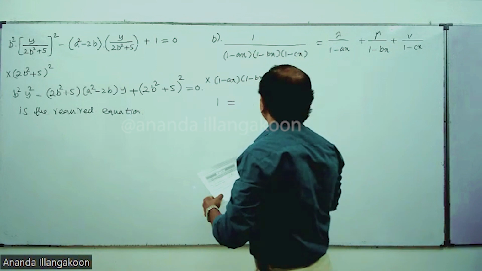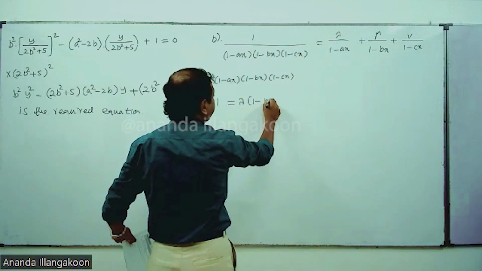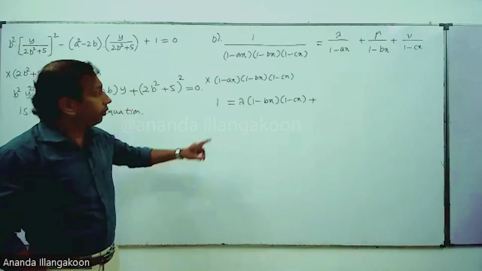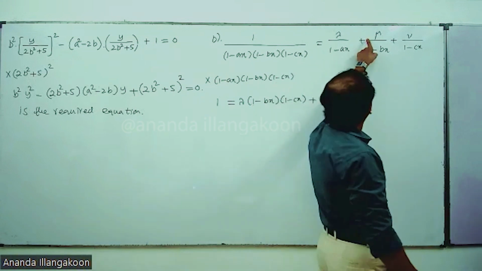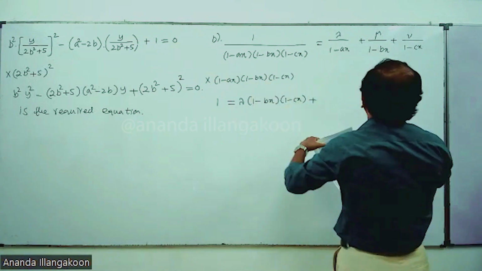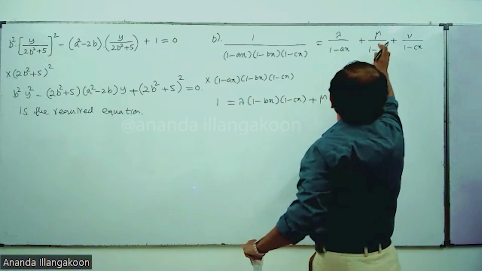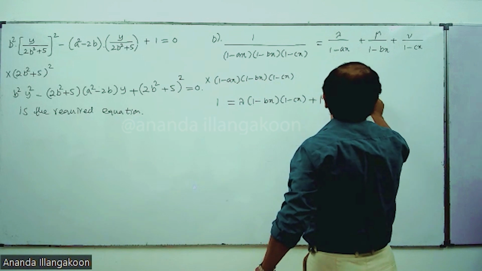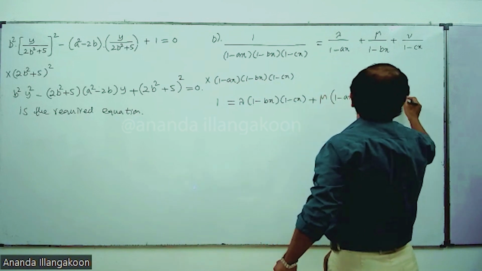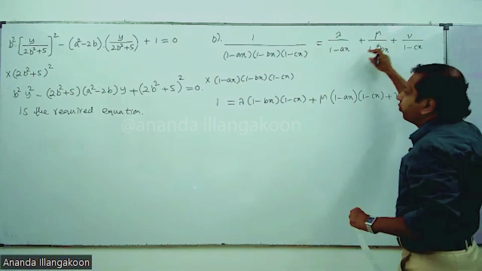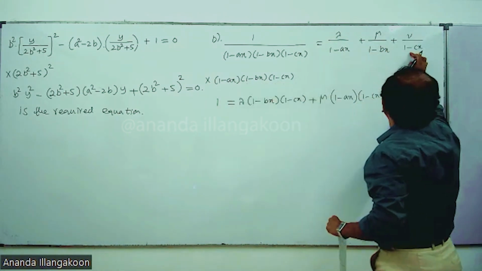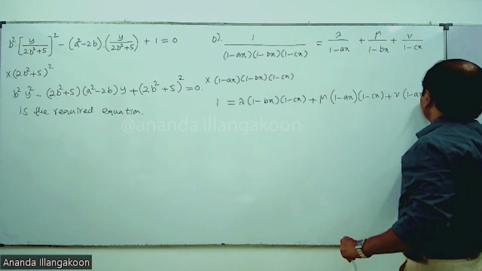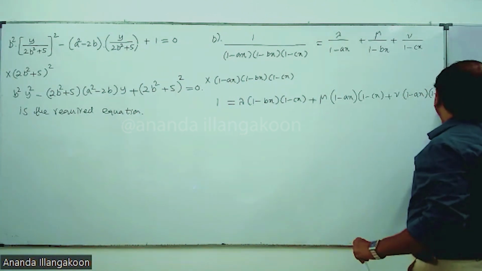Again, before this mu, 1 minus bx will cancel, so mu should be multiplied by 1 minus ax, 1 minus cx. Before this nu, 1 minus cx will cancel, so by these two we have to multiply: 1 minus ax, 1 minus bx.